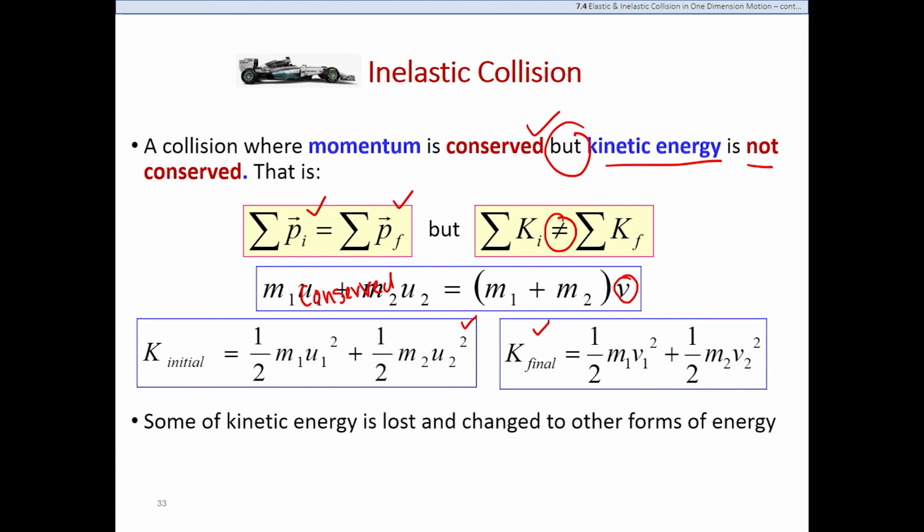Some of the kinetic energy is lost and changed to other forms of energy. So we can find the total kinetic energy loss by finding the difference between the total kinetic energy after collision and the total kinetic energy before collision.